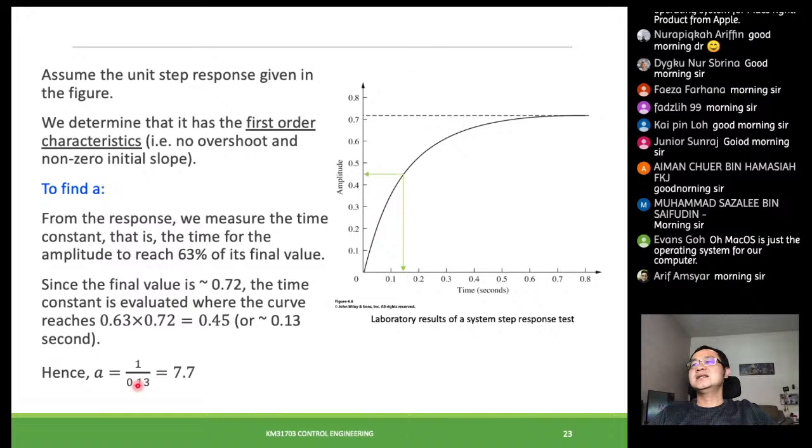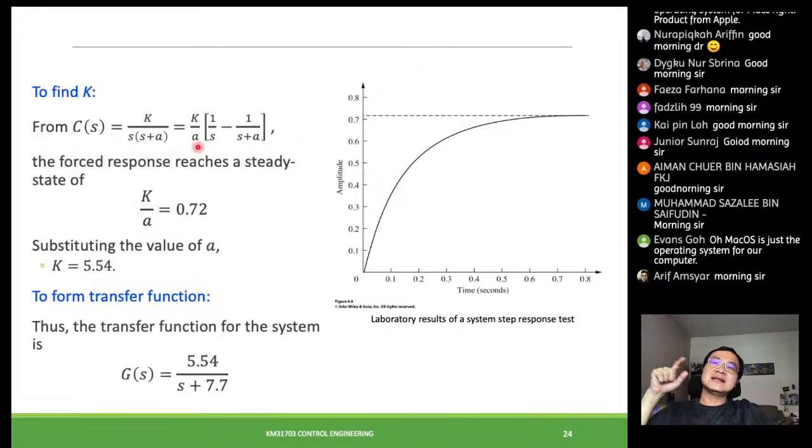For the k value, we know the final value, and that final value corresponds to the constant part itself. Remember, we have 1 minus e to the minus at, right? That one we assumed when k equals 1, but you can factorize it out. When you factorize it out, you have a k value.